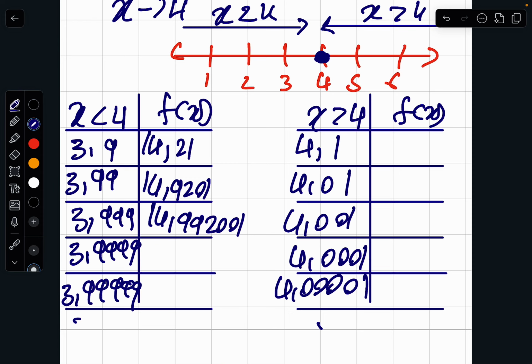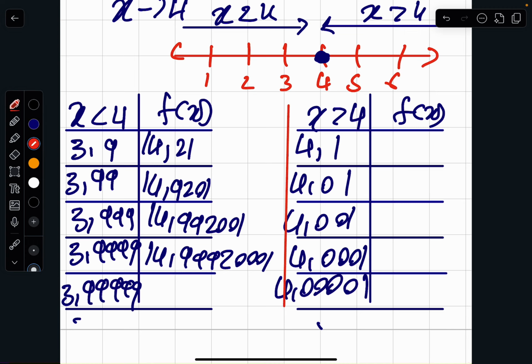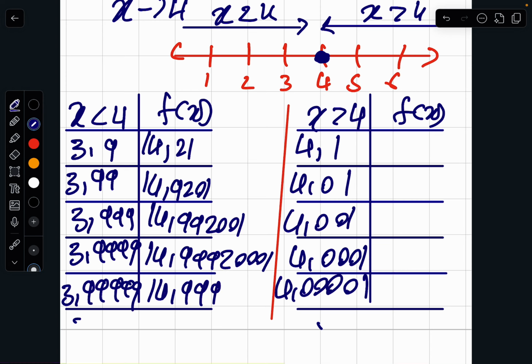The other one is going to be 14.99920001. Understand? So let me draw a line here to make our things have order. Another one is 5 nines, and we're going to have 14.9999200001. Understand?